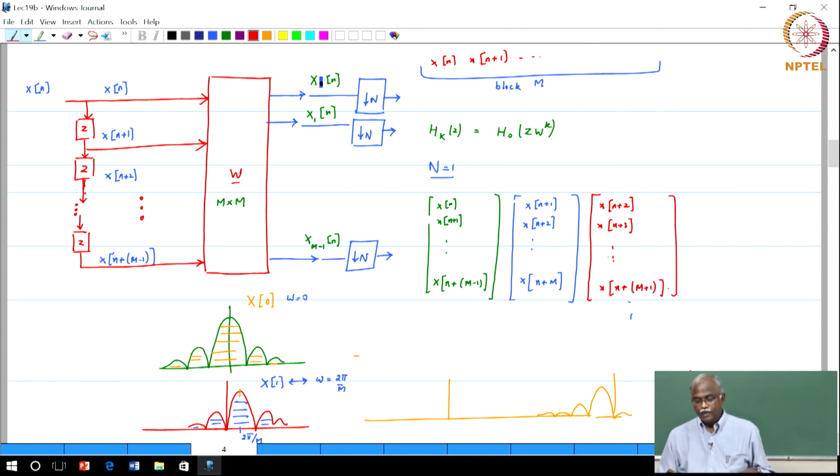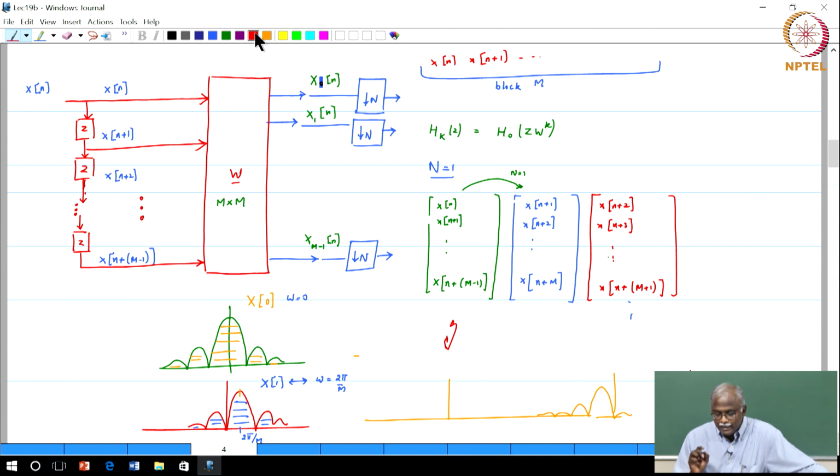Okay. Now please pay attention, if I set N equal to 1, downsampling by a factor of 1, that means it is not doing anything, right, it basically allows all the samples to go. So if I set N equal to 1, then my next vector is going to be this one. So this corresponds to N equal to 1, if this is my first vector.